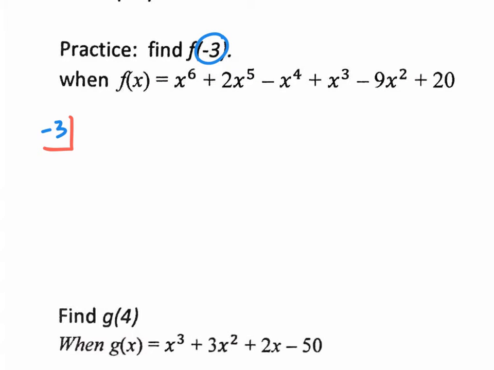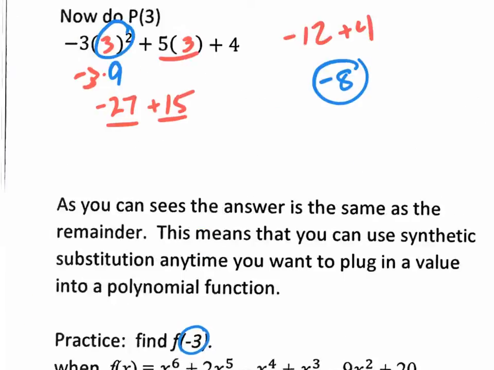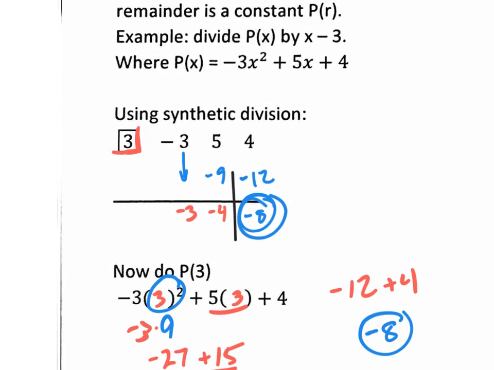So this is probably one of the longest, hardest ones where we're actually synthetically substituting. But let me pause right here before we actually do this. On synthetic substitution, we take that exact value of -3 and put it in right there, right? And in synthetic division, once again, you put the opposite. Now, do you guys know why we put the opposite?